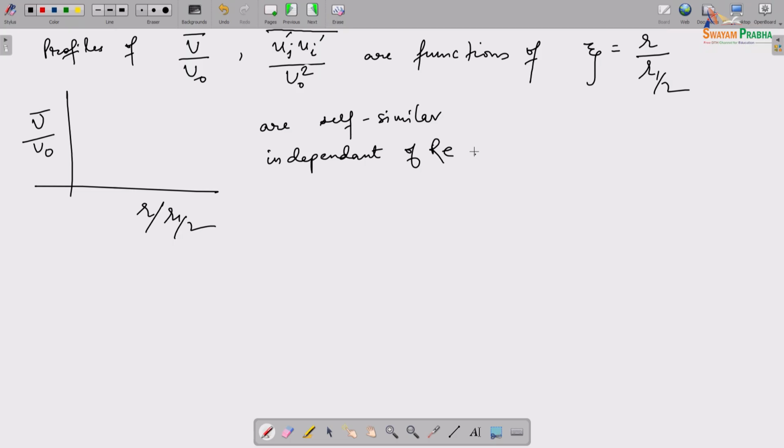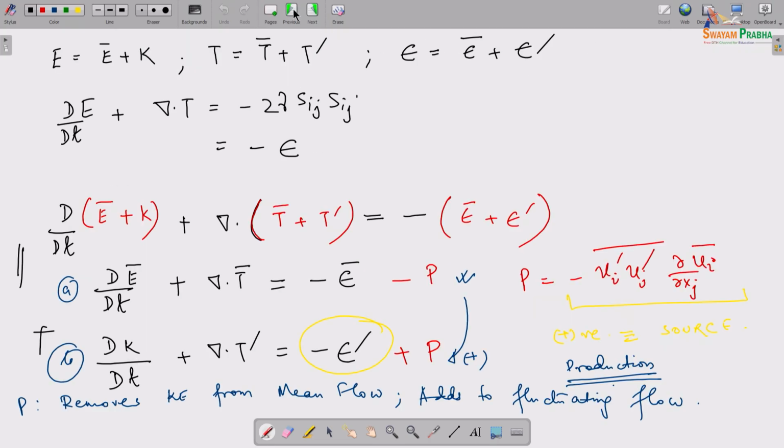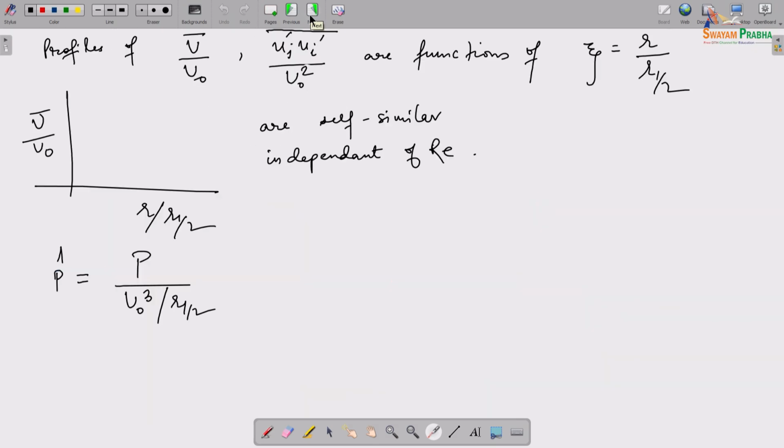Now then, let's just write it this way. I'm going to scale the production also by u naught cubed by r half, right? So production is essentially this, this one here. I'm going to scale this by u naught cubed by r half. So this means what? If I do that scaling, it means what?